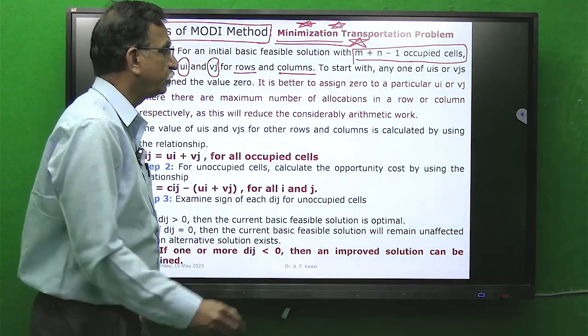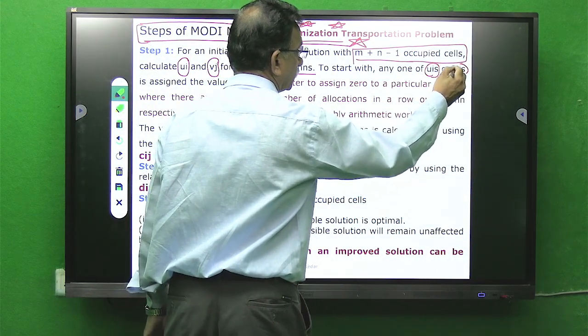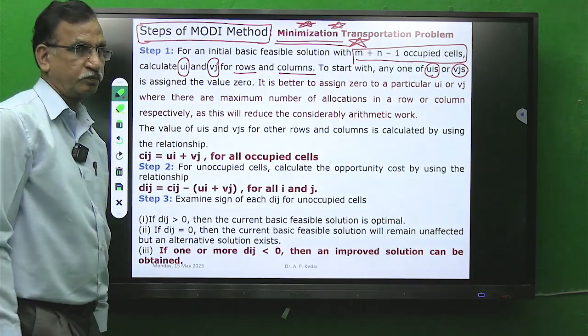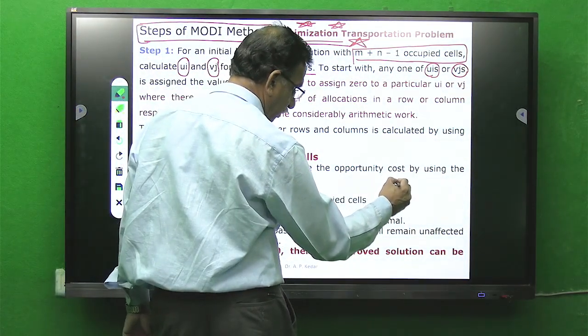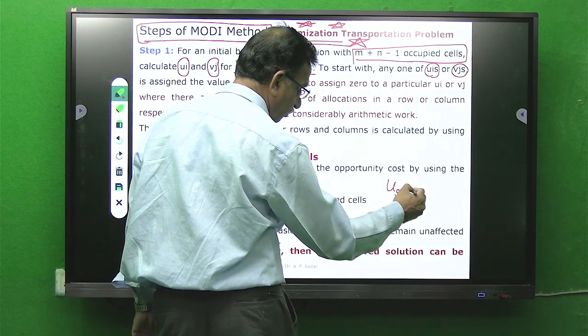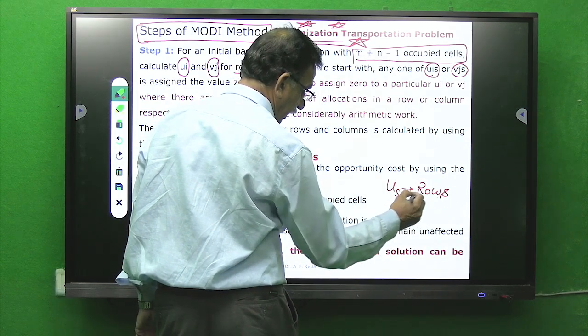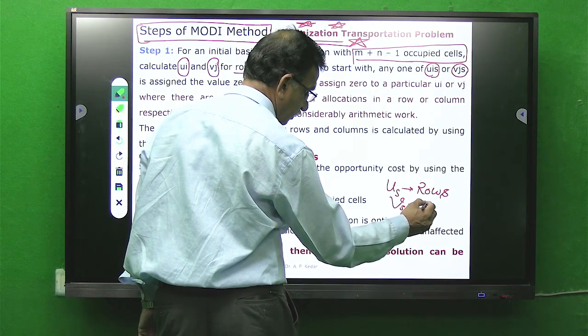Any one of the ui's or vj's is assigned the value 0. That is very important. Now all u's are for rows and all v's are for columns.